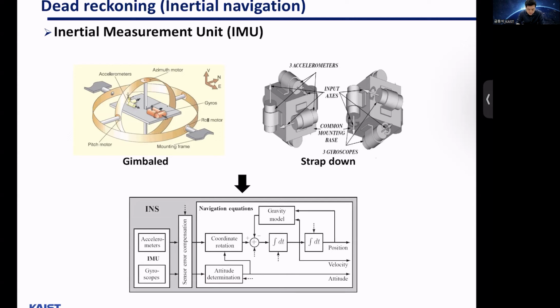By computing the position and orientation based on this IMU information, which is usually acceleration and angular speed, we need to take the integral of that to compute speed and position.